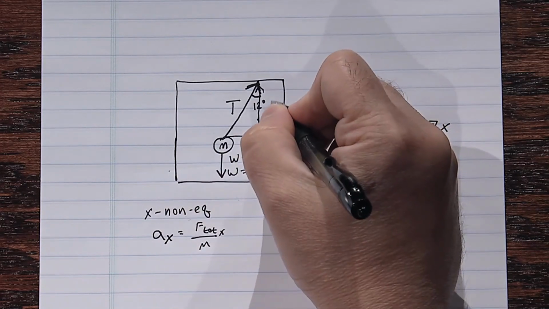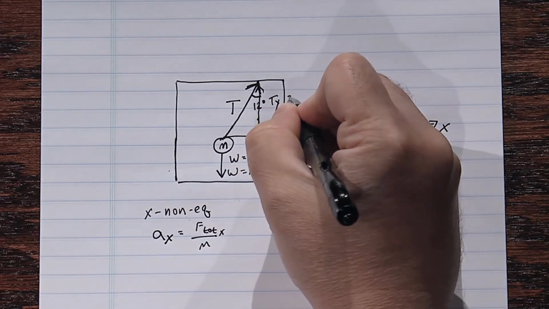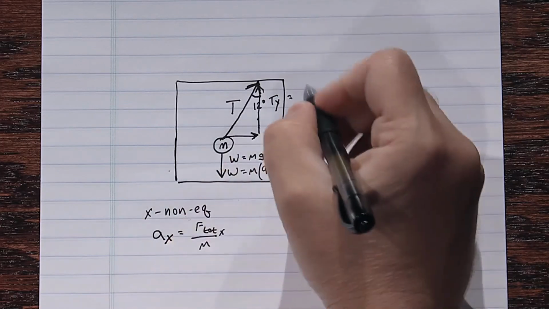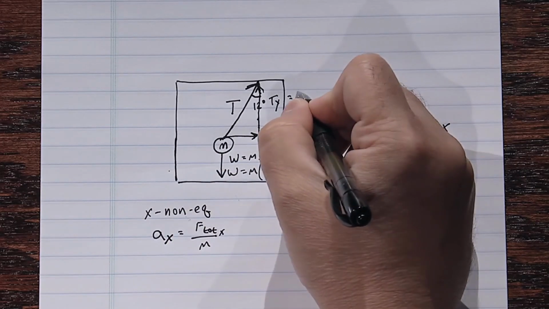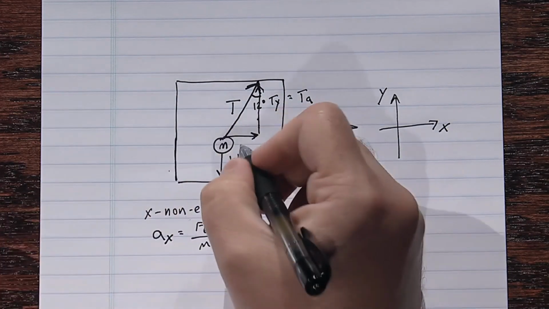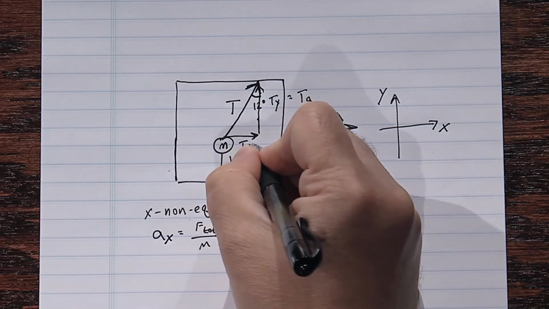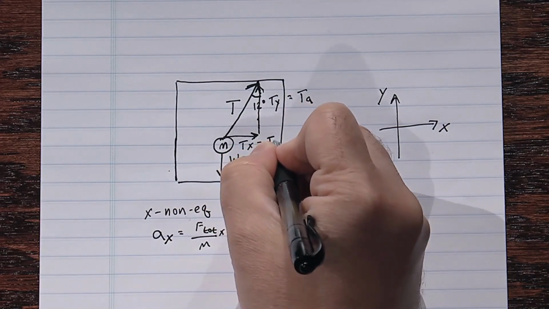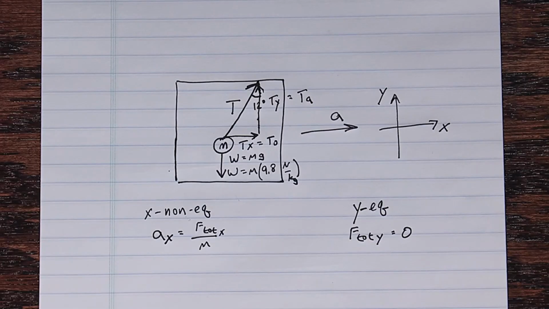And so the up component would be ty, and that's also the side that's adjacent to the angle. So I'll also write ty is equal to t adjacent. And similarly for x. Tension in the x direction would be tension opposite.